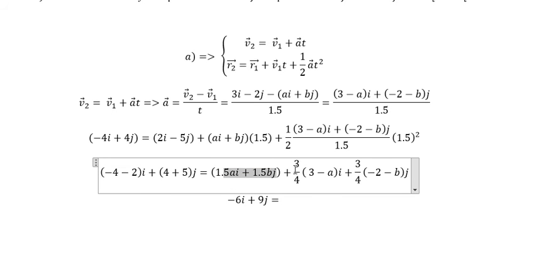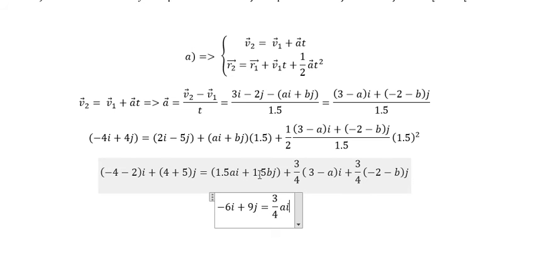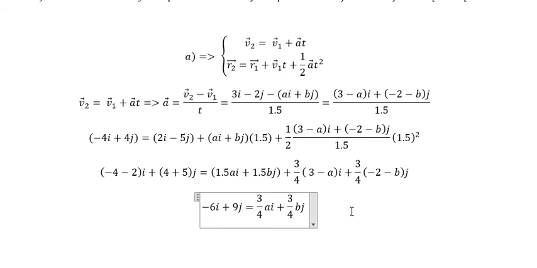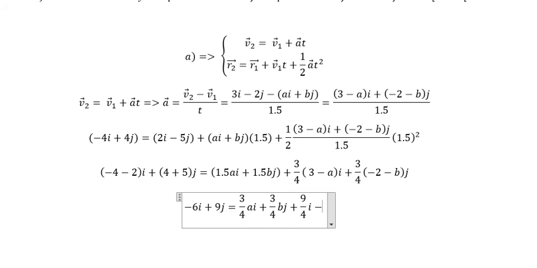And we have 3 over 4 minus a i, and similarly for this one, minus 1.5, you get 3 over 4 bj. 3 over 4 multiplied with 3, you get 9 over 4 i. 3 over 4 multiplied with negative 2, you get negative 3 over 2 j.